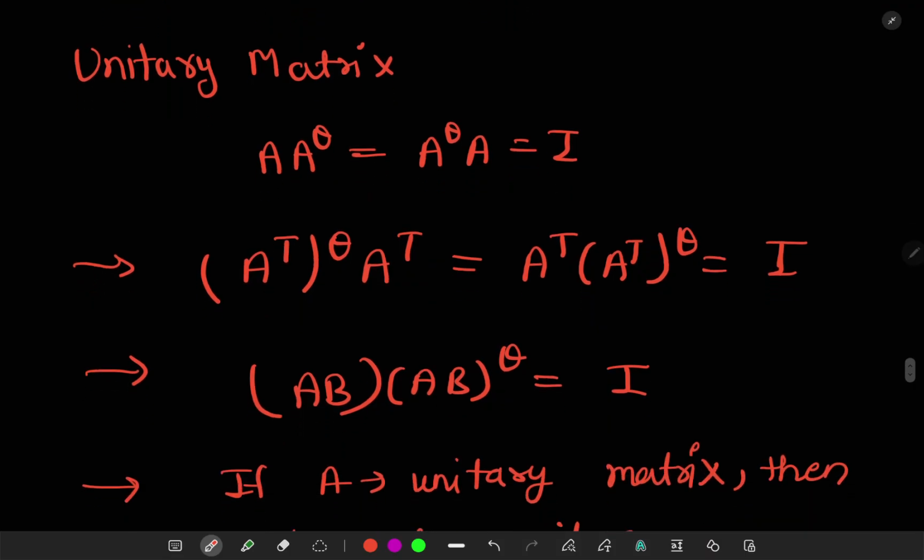Now unitary matrix. A square matrix is said to be a unitary matrix if this condition is satisfied by the matrix. If we take the dagger on both sides of this formula, we get this equation.